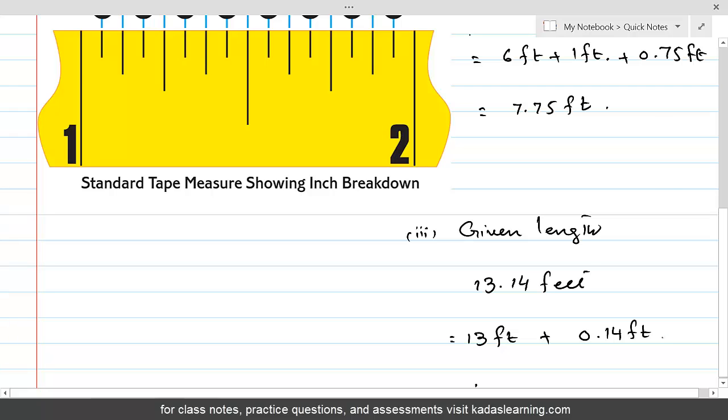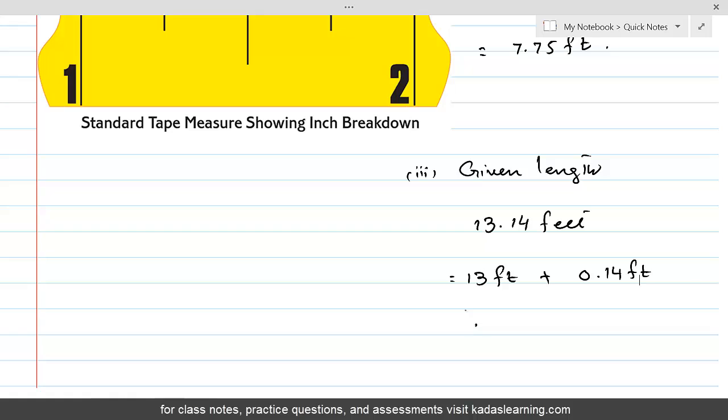This fraction of a foot can be converted into inches, and if we want to convert it into inches, we will multiply it by 12. 13 feet plus 0.14, and this time in order to convert feet into inches, we know that in 1 foot there are 12 inches.